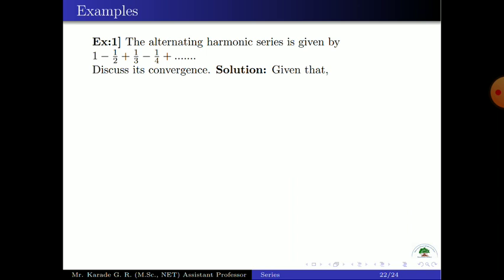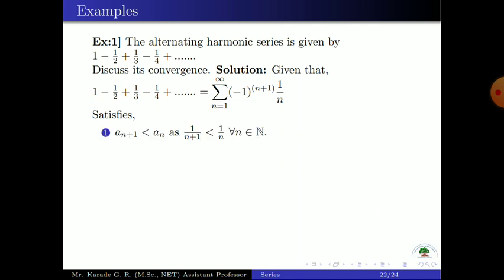Solution: given that 1 minus 1 half plus 1 by 3 minus 1 by 4 plus dot dot dot is equal to summation n equal to 1 to infinity of minus 1 raised to the power n plus 1 into 1 upon n. We can write this series in summation notation like this, and it satisfies all three conditions.